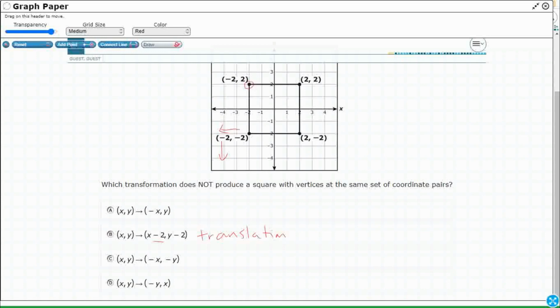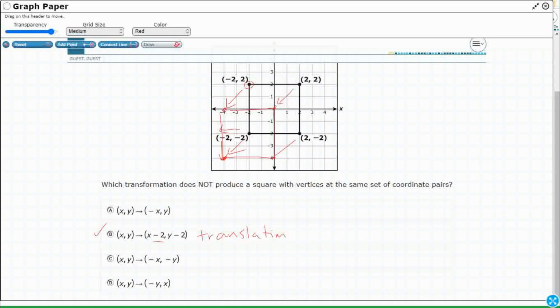This is going to move over 2 and down 2, so that's going to move right there. This is going to move over 2 and down 2, so that's going to move down there. Over 2, down 2, that's going to 0, 0. And that's going to right there. So that's my new square, which kind of makes it look like a cube. That is definitely going to not produce a square with the vertices at the same set of coordinate pairs.